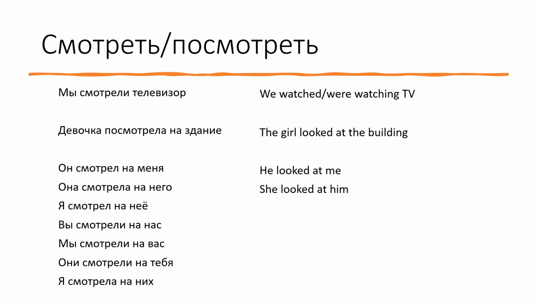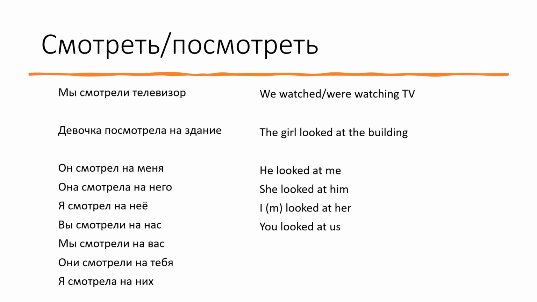Similarly, я смотрел на нее. And remember, you would be a man saying this, or identify as a man because it ends with the masculine ending. Вы смотрели на нас. You looked at us.